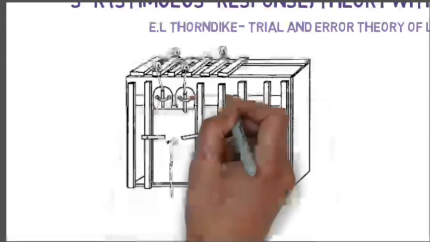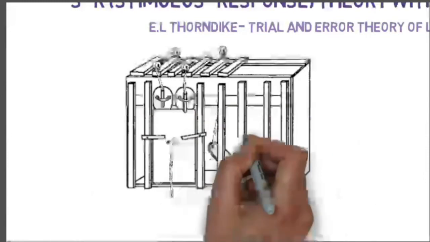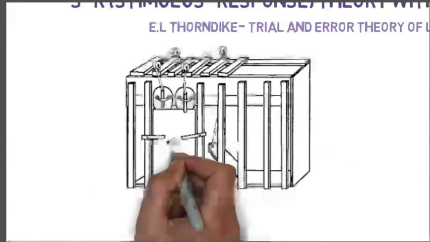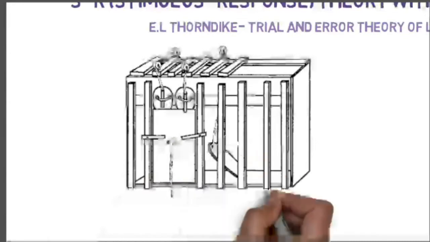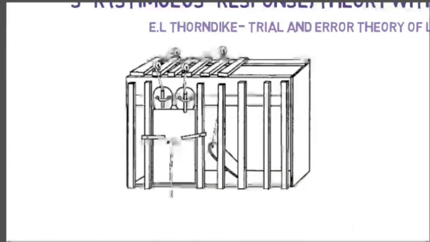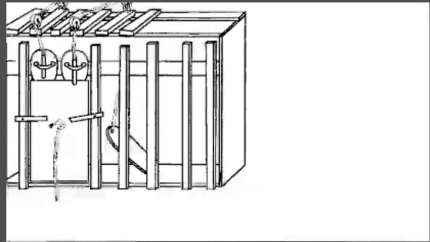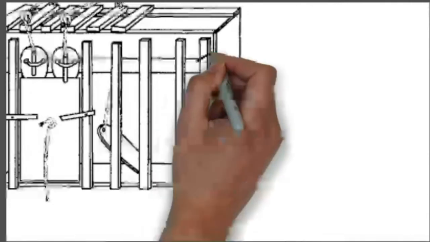Over a series of successive trials, the cat took shorter and shorter time, committed fewer errors, and was in a position to manipulate the latch as soon as it was put in the box, and learned the art of opening the door.